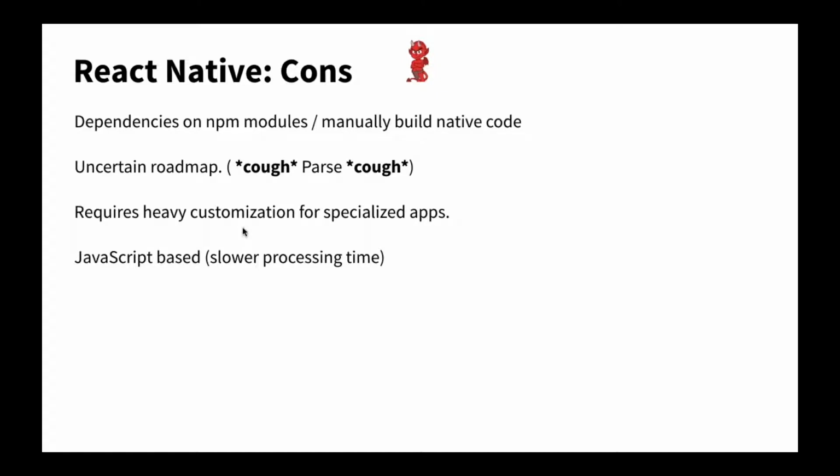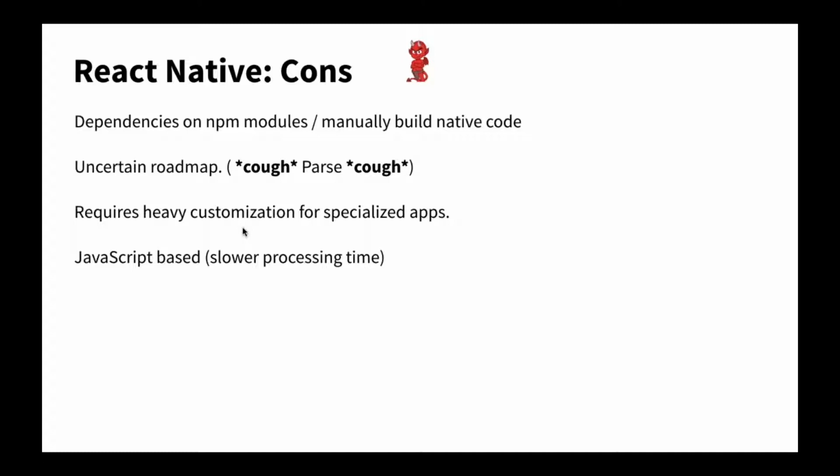So the cons, we have dependencies, as mentioned before, on various modules. That does increase the risk somewhat, and requires you to make sure there's compatibility between all your dependencies and the current version of React. It's an uncertain roadmap still, so we all know what happened with Parse.